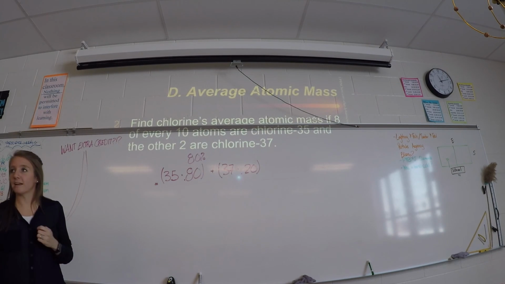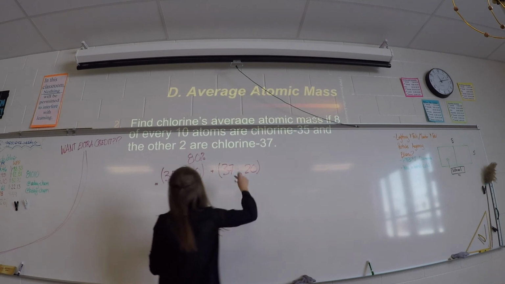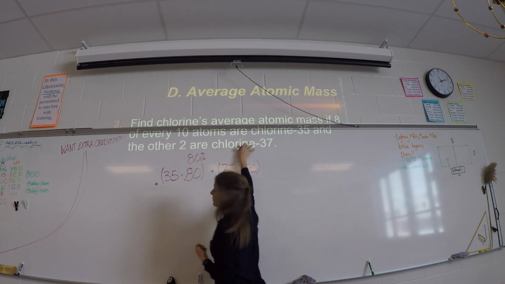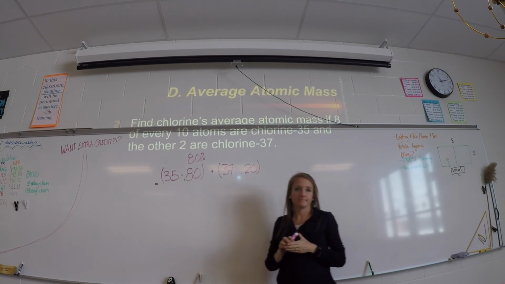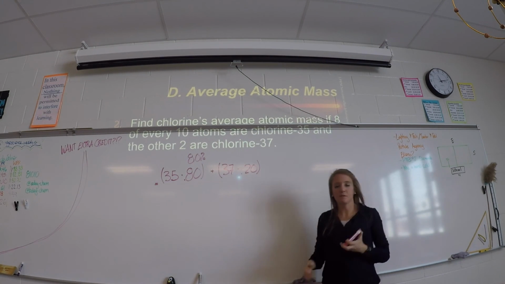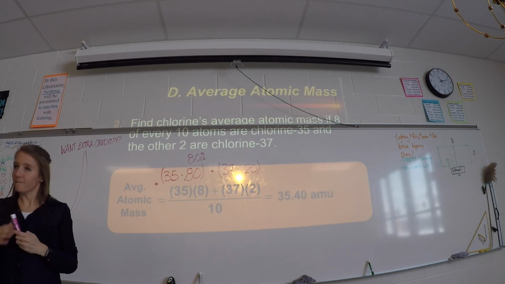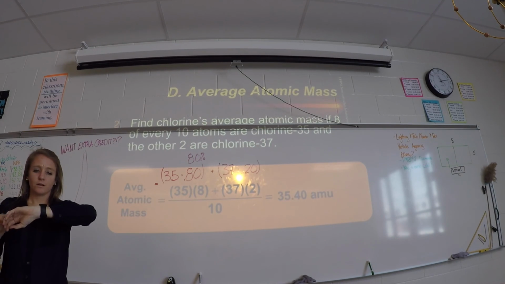Because it told us that 2 out of every 10 is chlorine 37, and 2 out of 10 is 20%. And then when you plug it all in, you get 35.4. Questions on that?